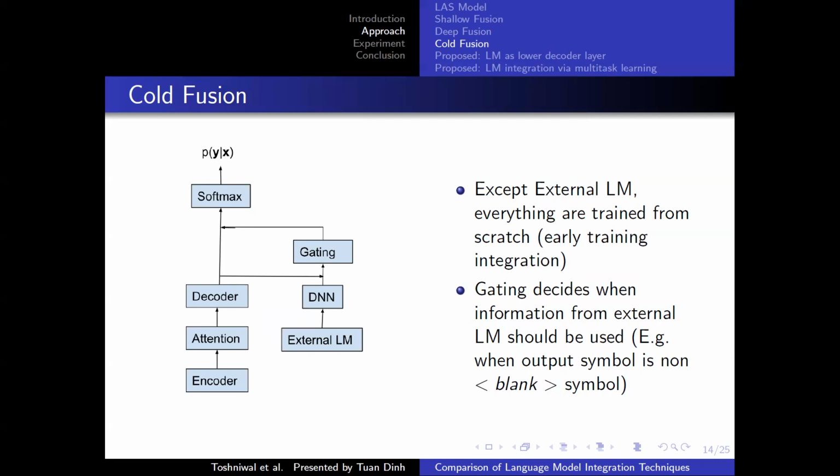The gating module decides when information from the external language model should be used, for example, when the output symbol is a non-blank symbol. Different from deep fusion, both ASR states and language model states are used in the gate computation.